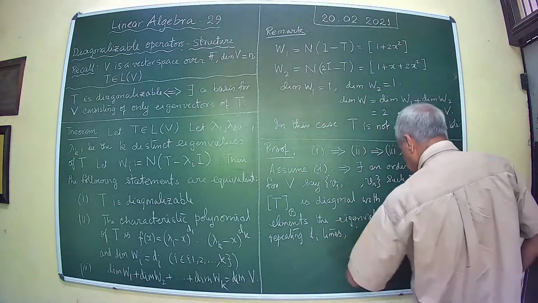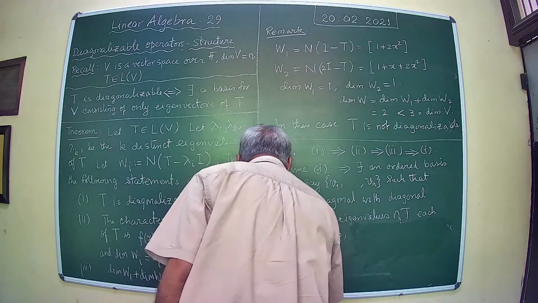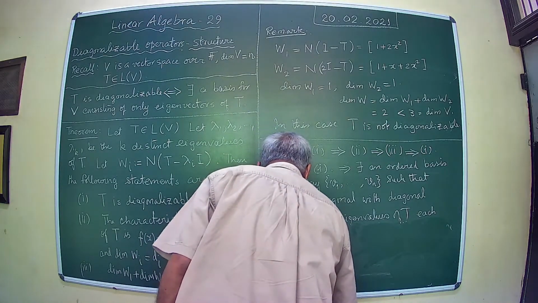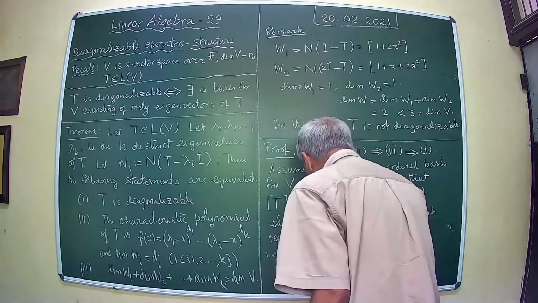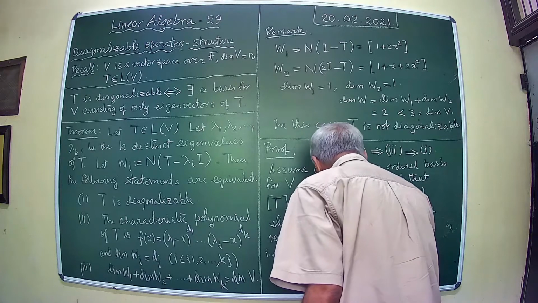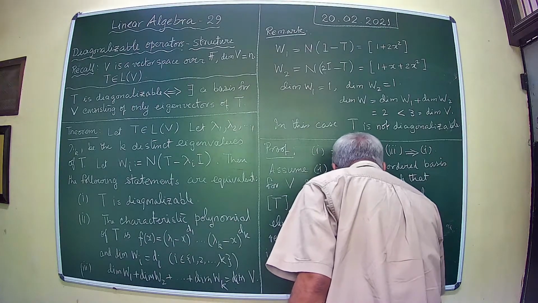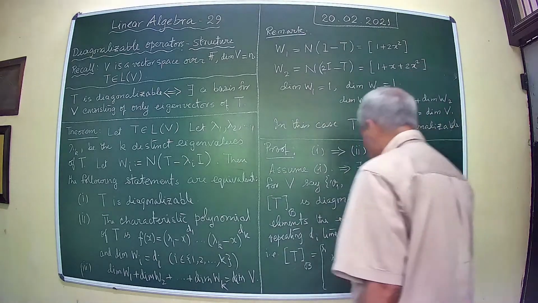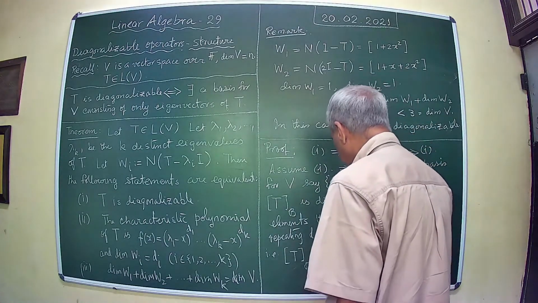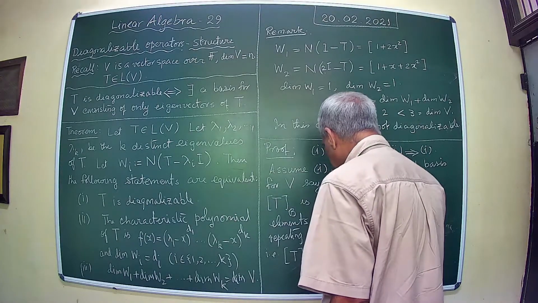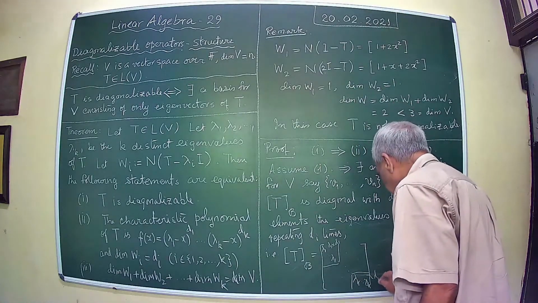Then what happens? See, this one is a d1 cross d1 matrix, and this is a dk cross dk.